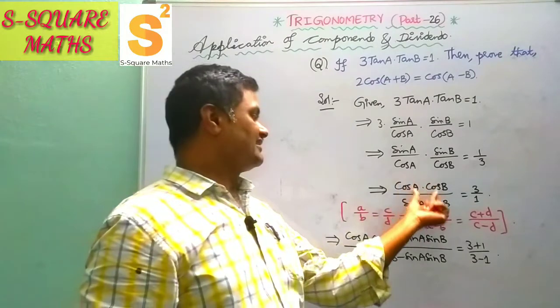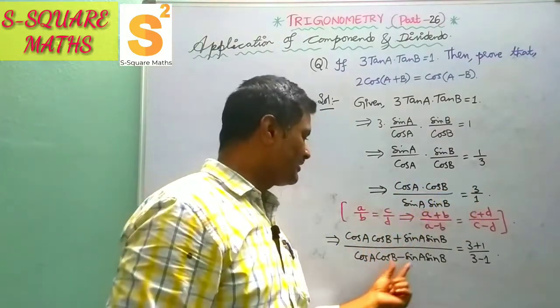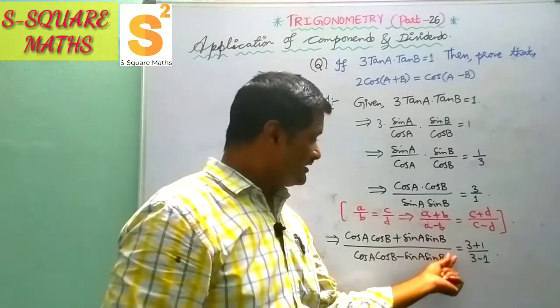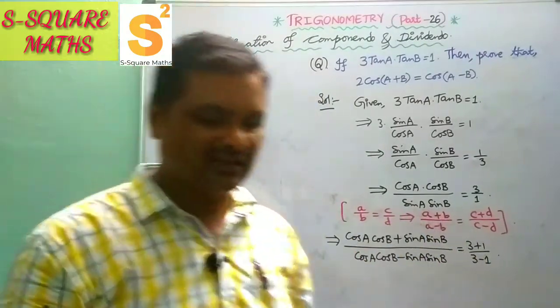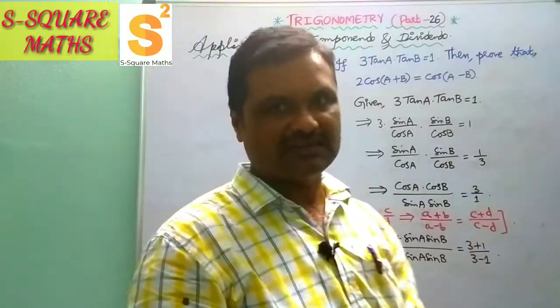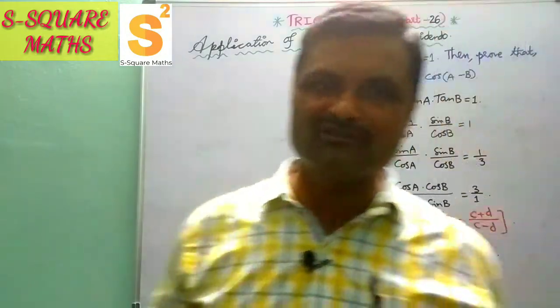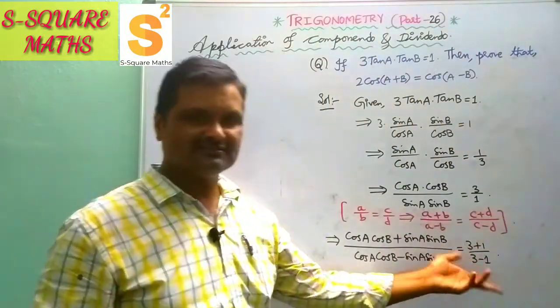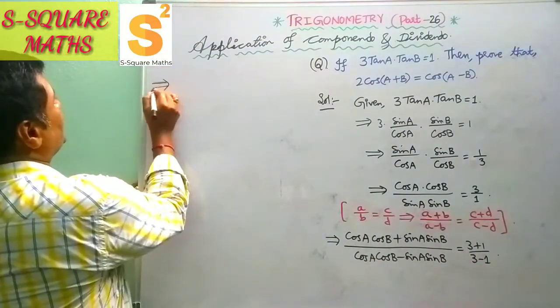This is A and this is B, and this is C and this is D. This is one of the important principles according to which I have done it. So half and the major part has been completed, and RHS is a simple fraction, just adding and subtracting. Now let us go through the LHS.